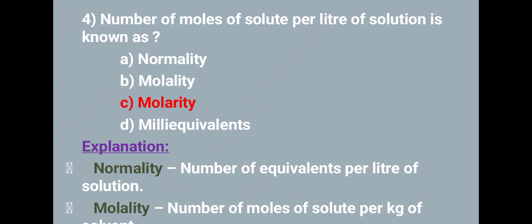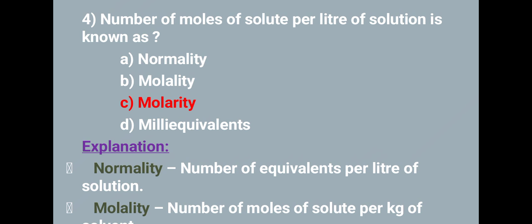Fourth question. Number of moles of solute per liter of solution is known as option A normality, option B molality, option C milliequivalence and option D molarity. Means option C is molarity and option D is milliequivalence.